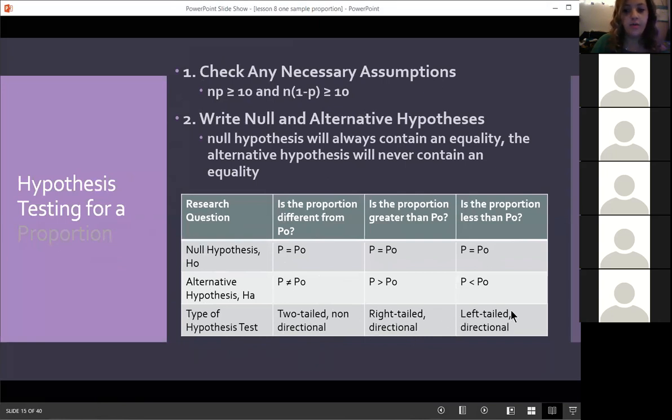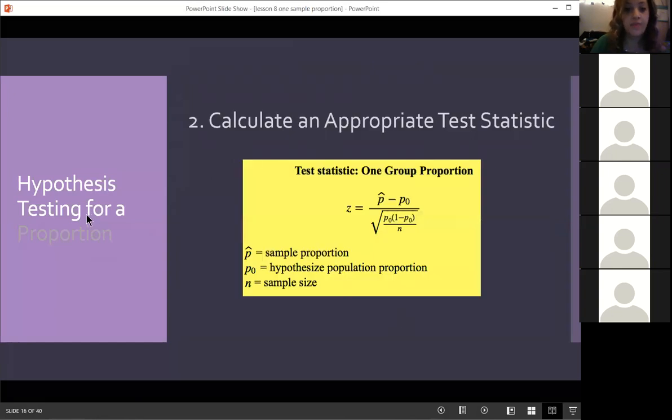Right-tailed and left-tailed are one-tailed, and then directional, obviously, in which direction it's going. So that's the main situation there. In the second, actually this should be 3. Yeah, no, just kidding. So you want to calculate that appropriate test statistic based upon what we got there.